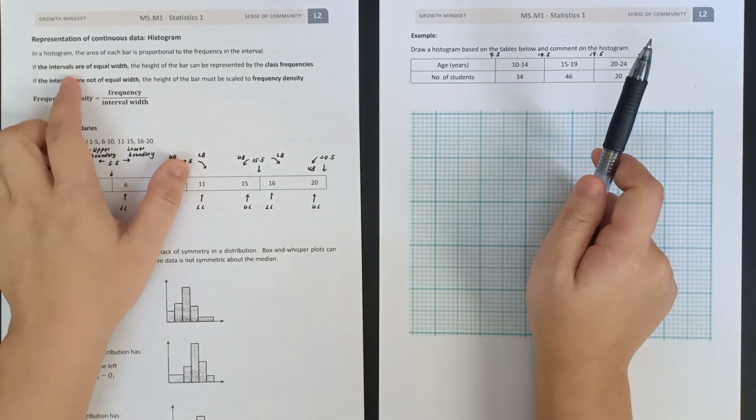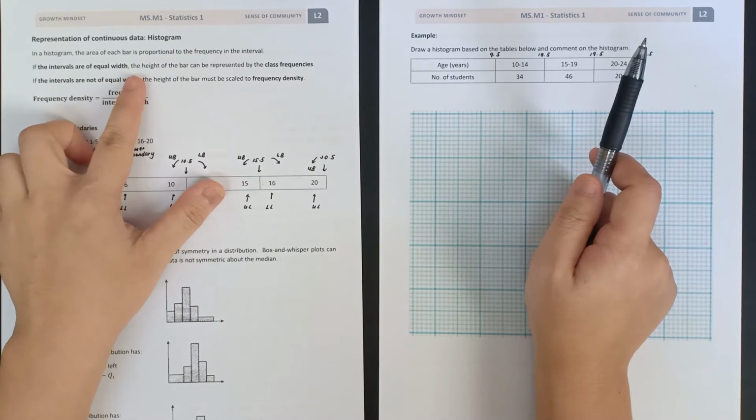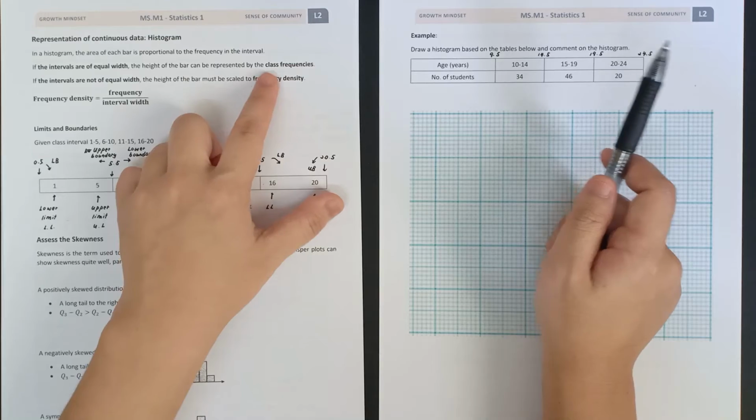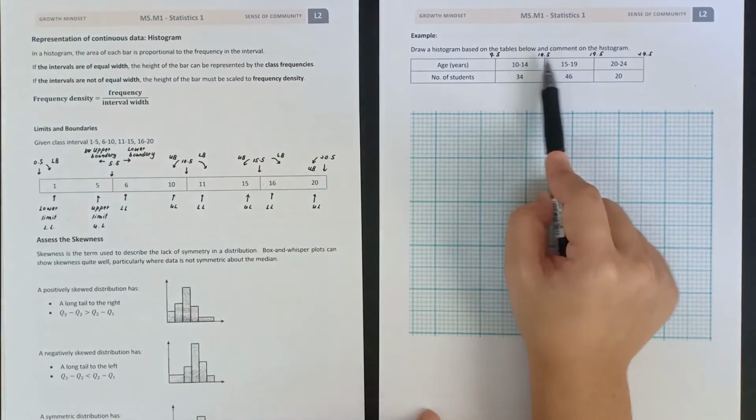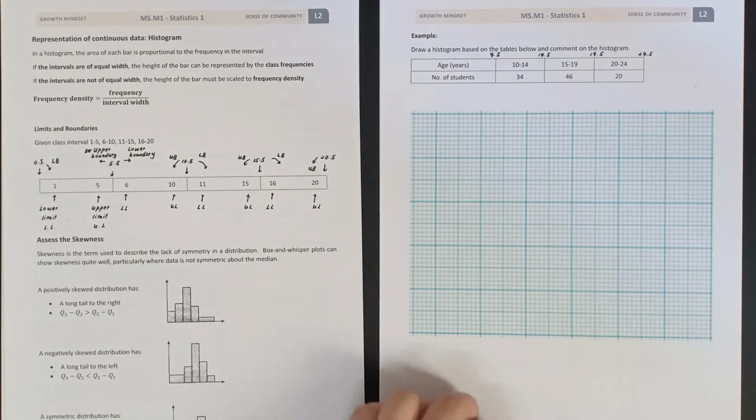So when the intervals are of equal width, the height of the bar can be your class frequency straight away. We do not need to make any changes to this. It's based on our raw data, so now you can start to draw your graph. I'm just going to draw it, then you can draw it together. For this side, your y is always the frequency.